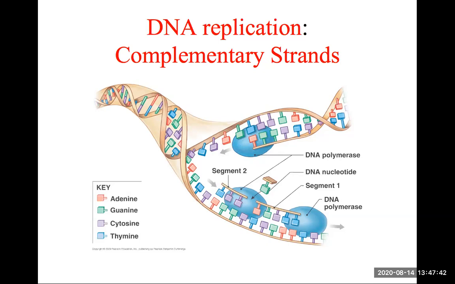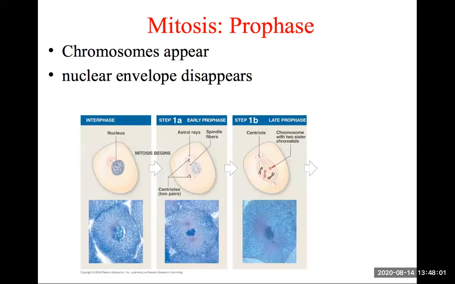All right, so the cell in that synthesis stage of interphase splits the DNA molecules, uses each half to build two complete copies that are now identical to one another. That is called DNA replication. All right, now, for the stages of mitosis, there are four stages.